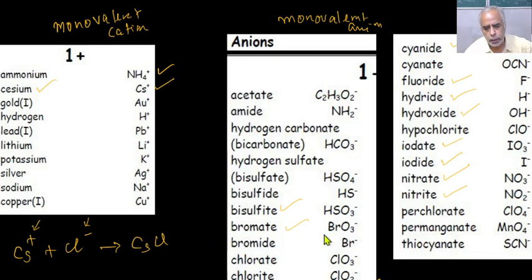Likewise, it can have a 1:1 combination. For example, you can take sodium, Na plus, and combine with HSO3 minus, that is bisulfite. This is +1, this is -1.